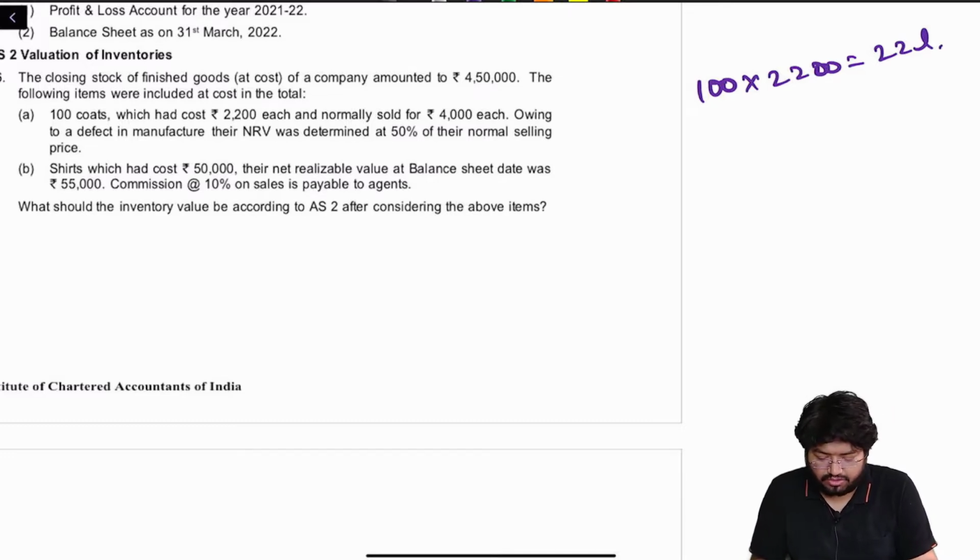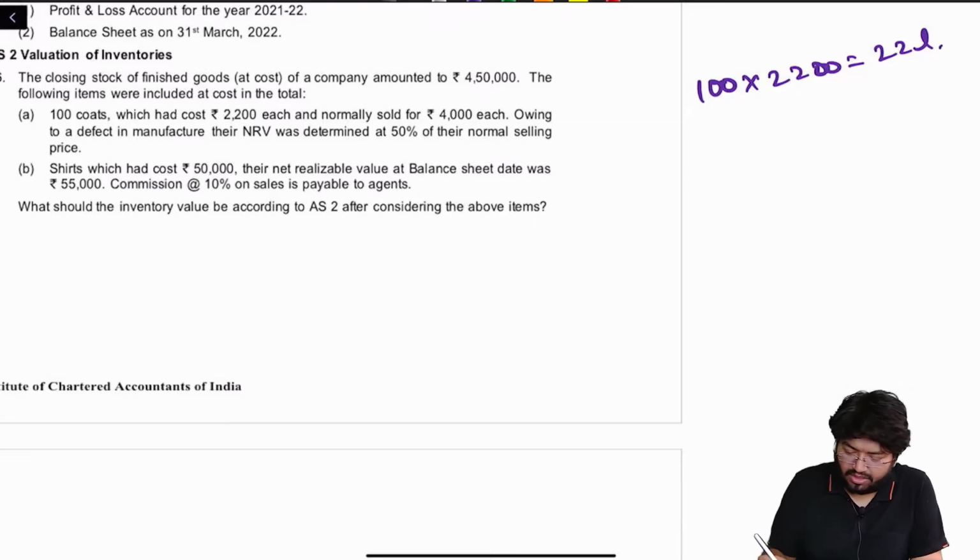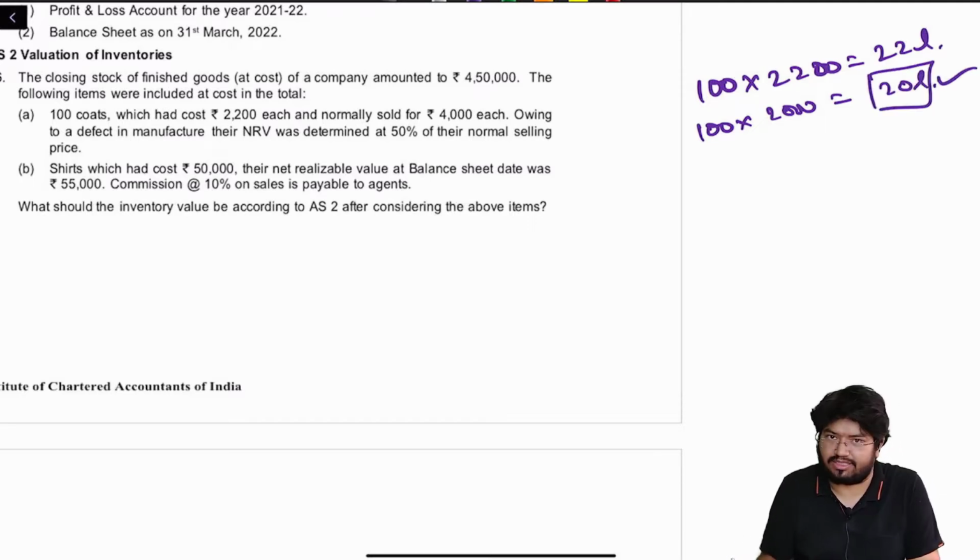So 4,000 into 50% is how much? It is going to be 2,000. So it's going to be 100 into 2,000, which is 20 lakhs. That means you should consider only 20 lakhs instead of 22 lakhs.